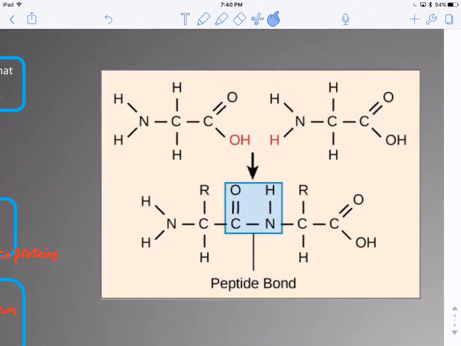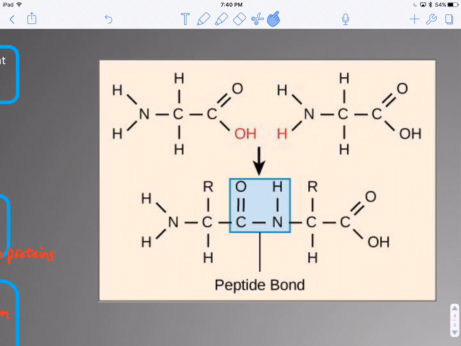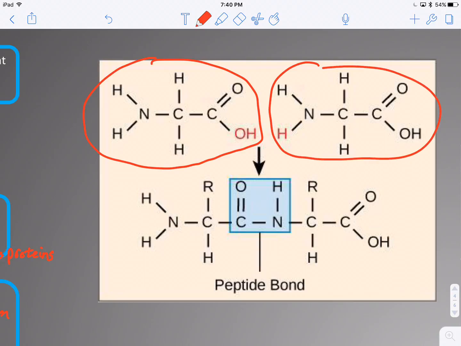What I want you guys to note about this right here on the right side is that what I'm circling in red, both of these are amino acids, which again are the monomers.